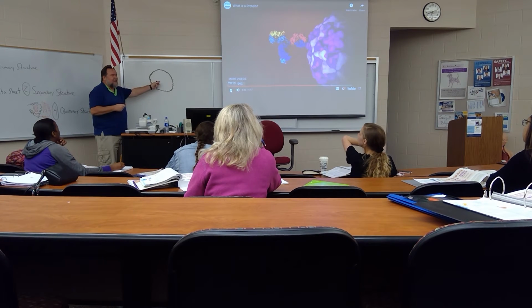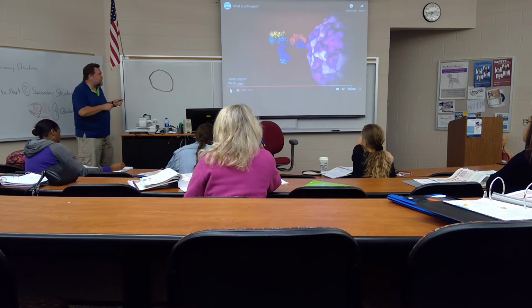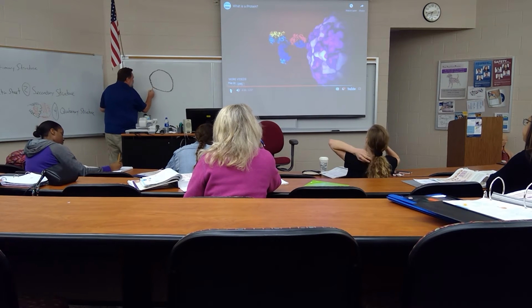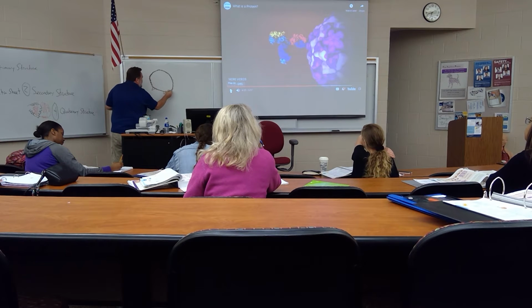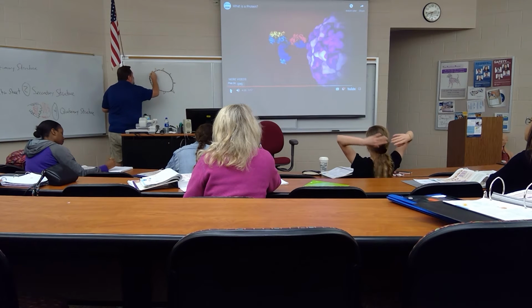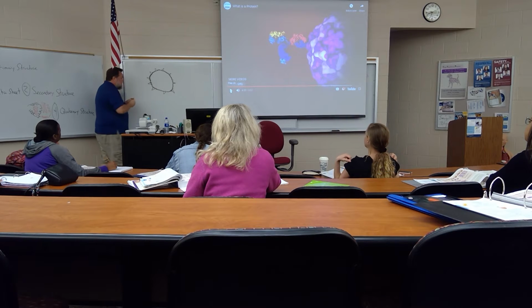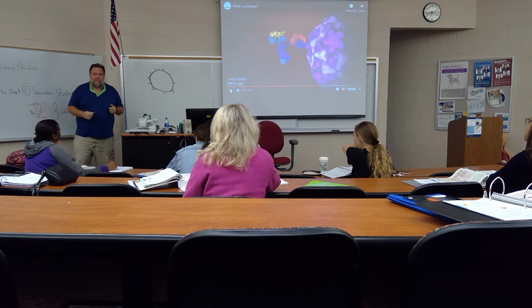But that's a foreign invader, a bad guy. And that has cell surface markers on the outside. Made of what? Carbohydrates and some protein. That say, this is me, this is who I am.